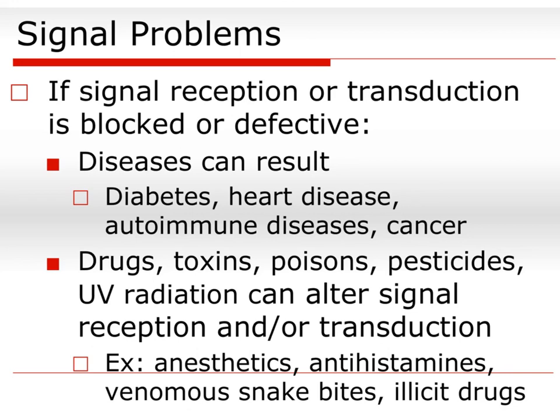And therefore, if you take something which blocks the production of histamine, an antihistamine, so it blocks the signal transduction pathway that produces histamines, then we can block those side effects that we get from allergy season and make ourselves a little bit more comfortable. So we can actually use our knowledge of signal transduction to make life better.